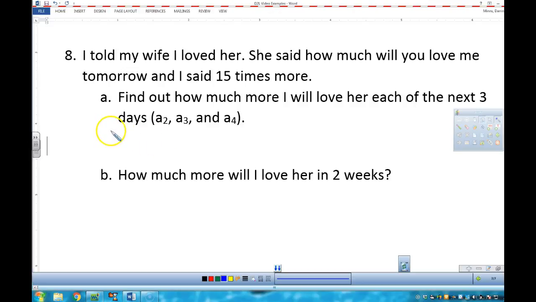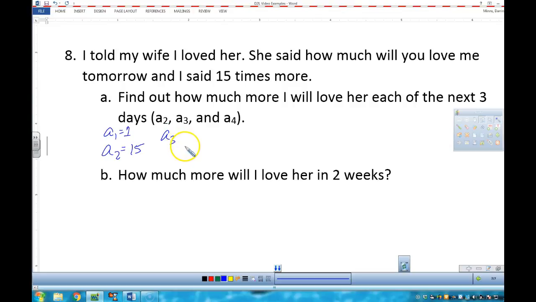So, a sub 1, the initial day was 1. I told her I loved her. So, that's 1. A sub 2, the next day, how much will I love her? Well, the multiplier is 15 times. 1 times 15 is 15. A sub 3, I have to multiply that number by 15.